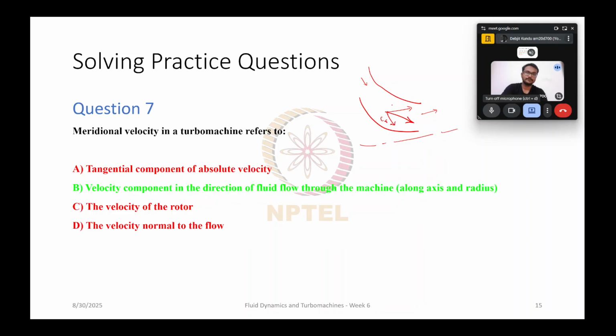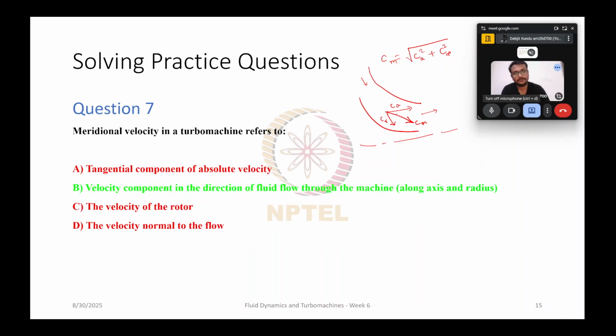So if I call them CR and CA, radial and axial, then the meridional velocity CM would be the resultant one. So square root of the sum of squares of the two, the axial component as well as the radial component. Now, which part of the absolute velocity of the fluid does it ignore?